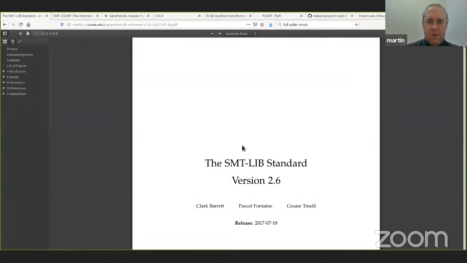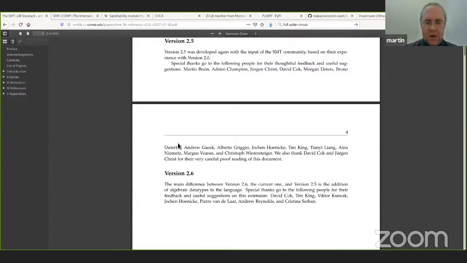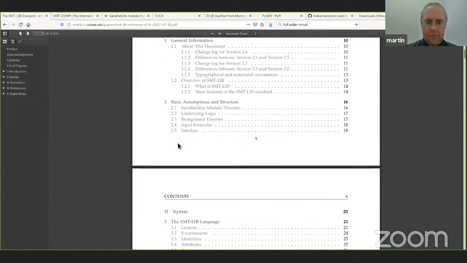It's also kind of a boast. It's now up to 104 pages. So I would not recommend this as the way to start learning SMTLib.